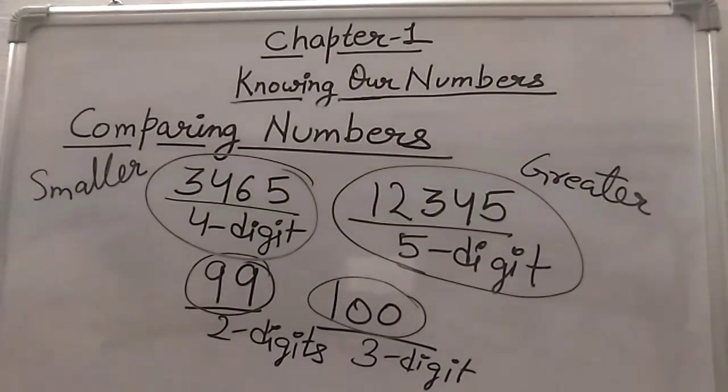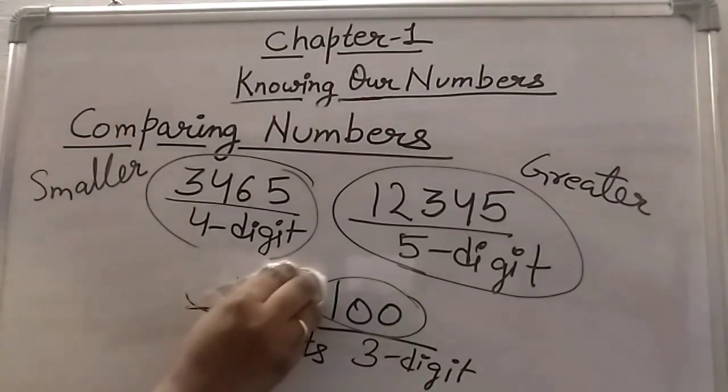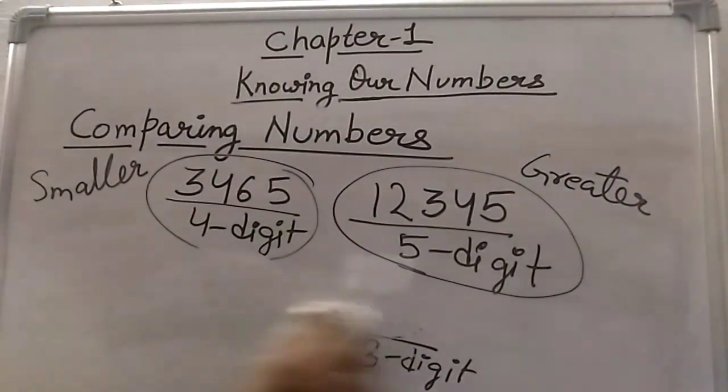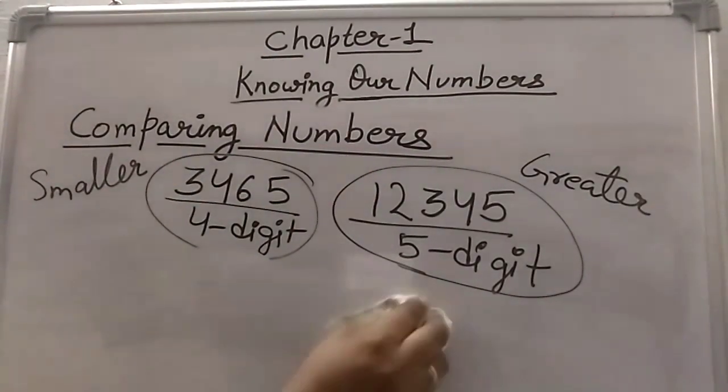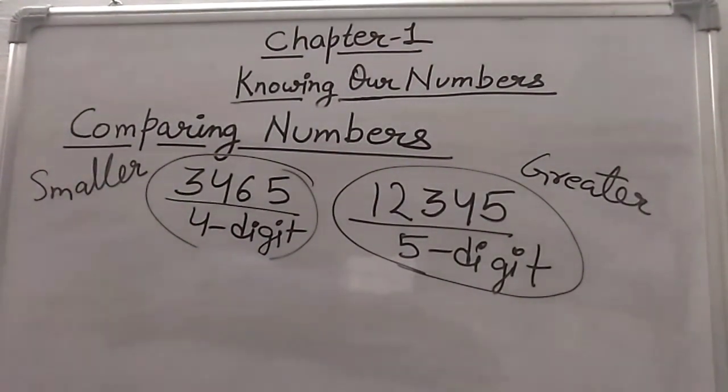So whenever we need to compare two large numbers, what we do? We check their number of digits. The number with a higher number of digits will be greater, and the number with a smaller number of digits will be smaller.